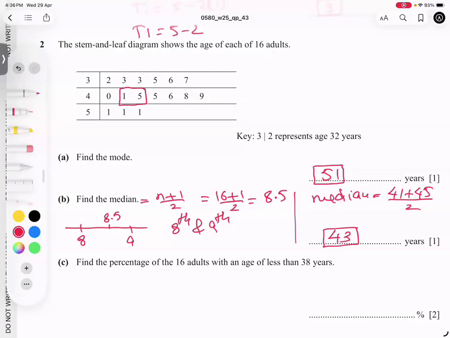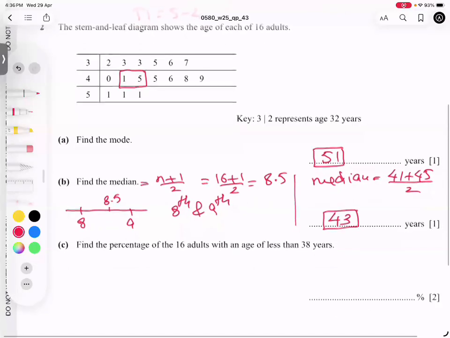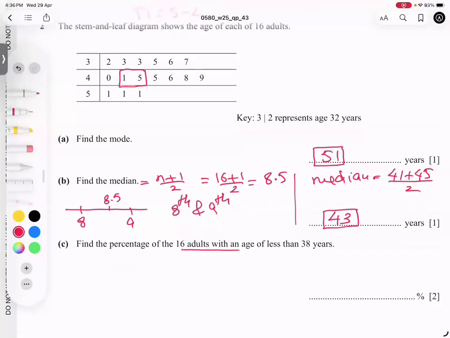Done. Now he's asking to find the percentage of the 16 adults whose age is less than 38. So we need how many adults are less than 38 years of age. Count from here. This is 37 years of age, and this is 40 years of age, so all these values are less than 38.